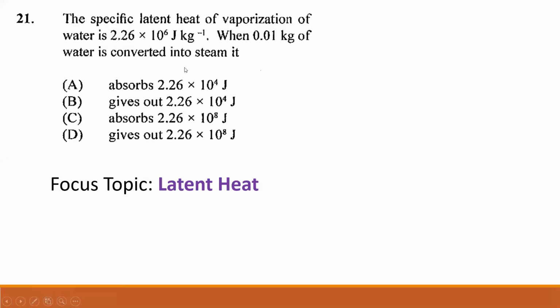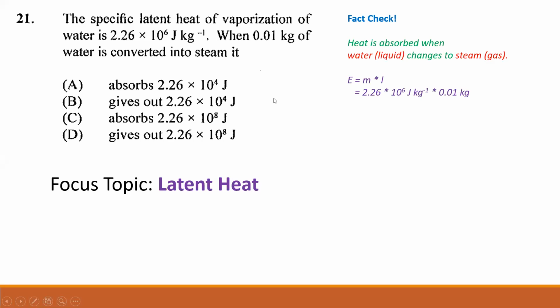21. The specific latent heat of vaporization of water is 2.26 times 10 to the 6 joules per kilogram. When 0.01 kilogram of water is converted into steam, what happens?